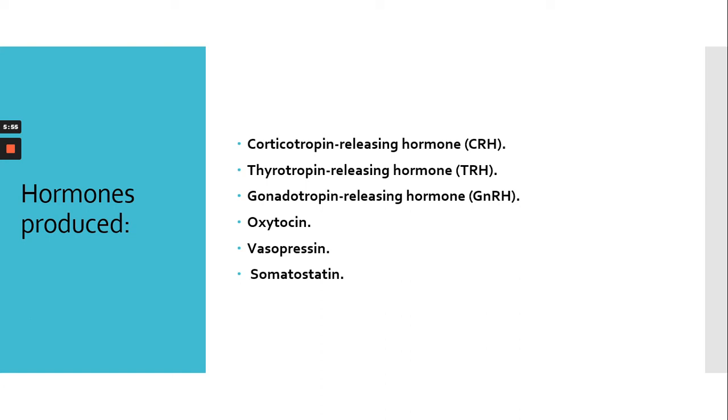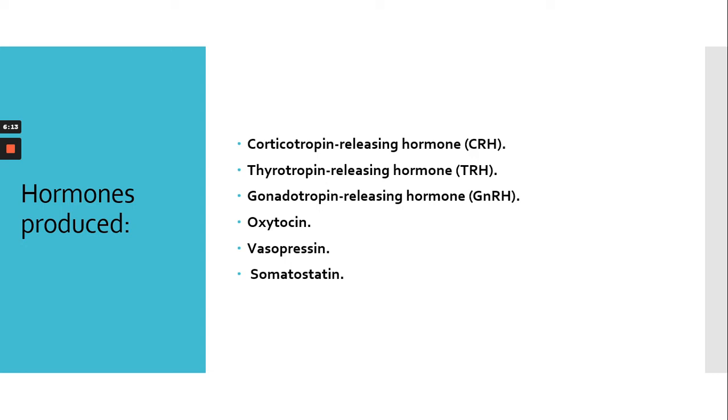And the next one is somatostatin, which basically directs the pituitary gland to stop the production of major hormones like growth hormones and thyroid stimulating hormones. This is to stop some of the metabolic processes going on in the body.